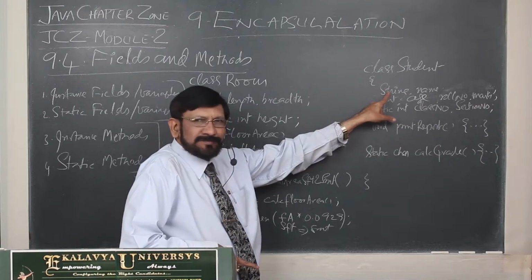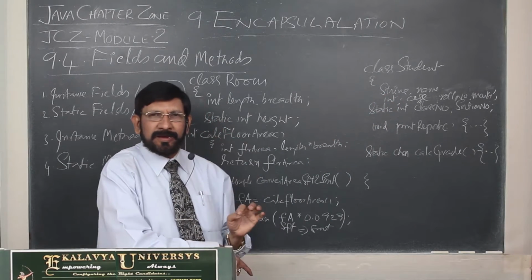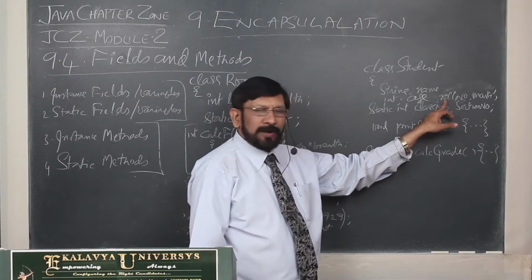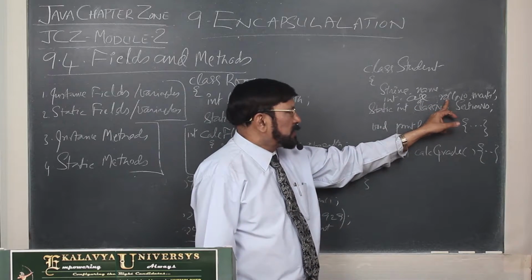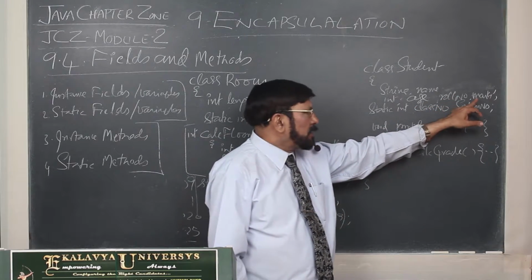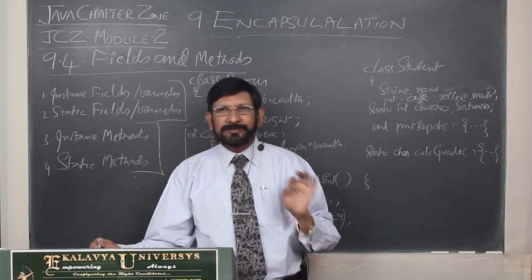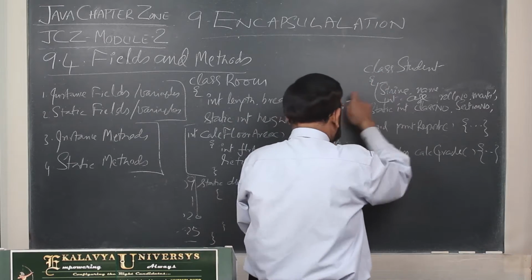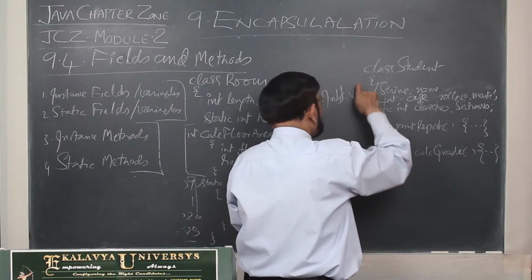Age, every student has a unique age. Roll number, every student obviously has a different roll number. And marks percentage for each student is unique, a separate field is required. That's why you declared them as instance variables.